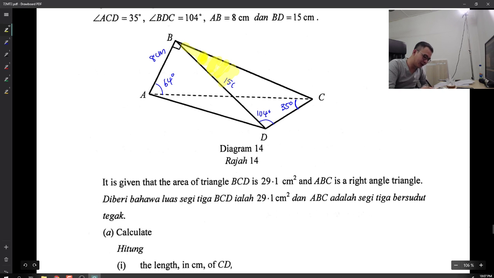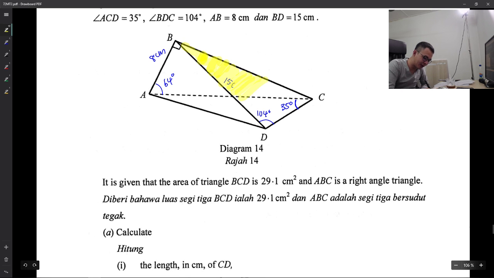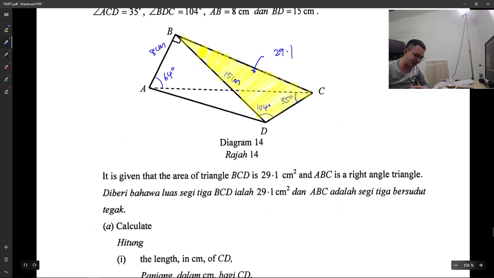Alright, so this whole area over here will be 29.1. Therefore we have 15 cm, and the question asks me to find the length of CD. We can use the area formula, half ab sine C. I'm going to use the two sides, BD and CD.